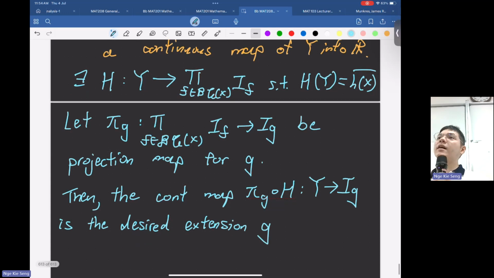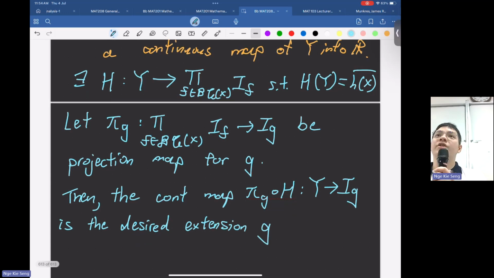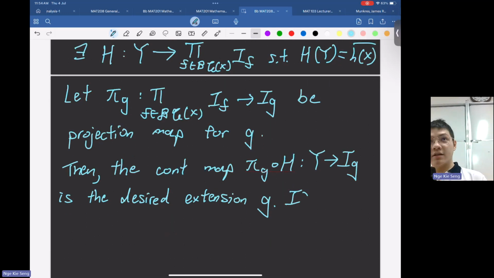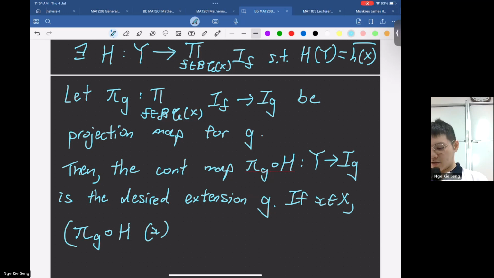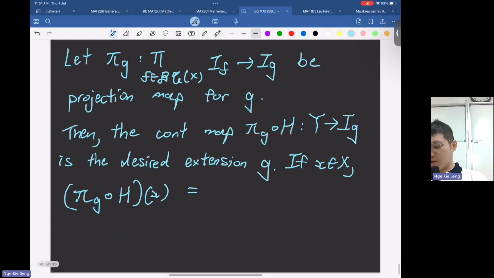Okay. Why is that? How do you say it is an extension of g? If you restrict the space to just X, what does pi_g H have to do on X? It has to be equal to g on X. So why is it equal to g?